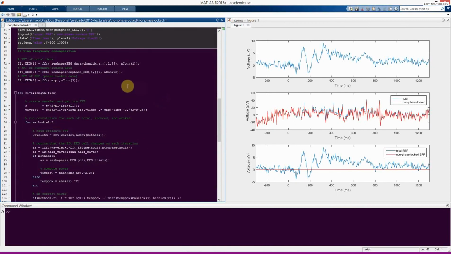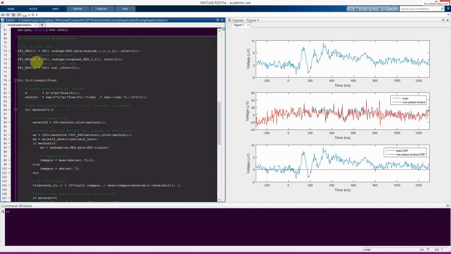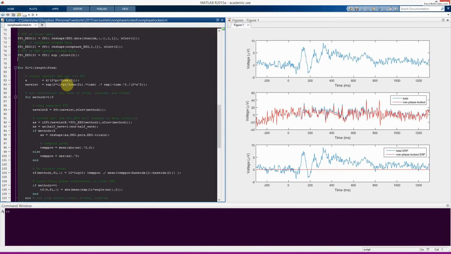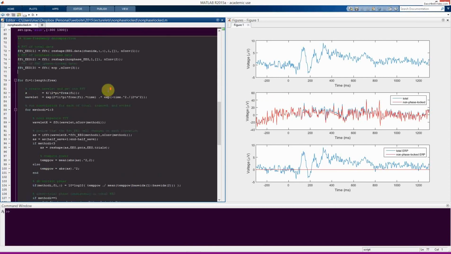Okay, so now here in the next cell, this is basically the same convolution code that you've seen before. It looks a little bit different here. It's a little bit more complicated just because we are looping over several different ways of extracting components of the signal for extracting a time frequency response.